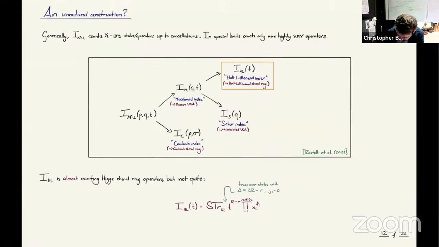So the right-hand side is not being defined as a limit here, but this occurs as a limit starting out with the original index. It is counting a supertrace over a subset of operators in my theory, the Hall-Littlewood subspace, which are states whose scaling dimension is not equal to 2R, which was the case for Higgs branch chiral ring operators, but is equal to 2R minus lowercase r.